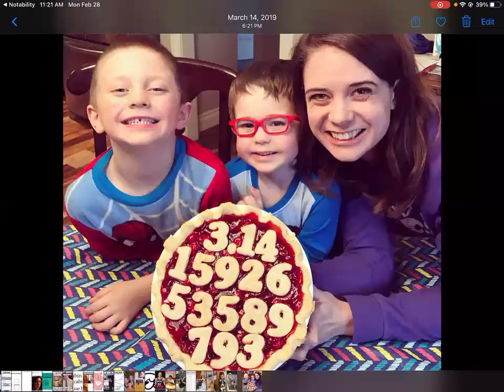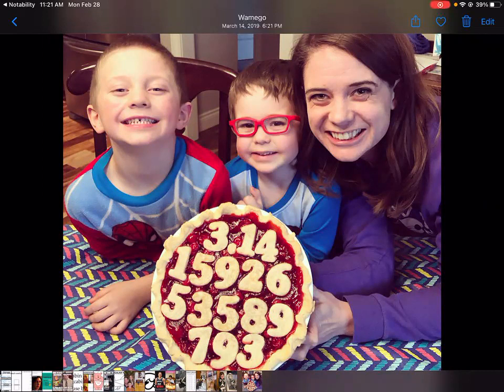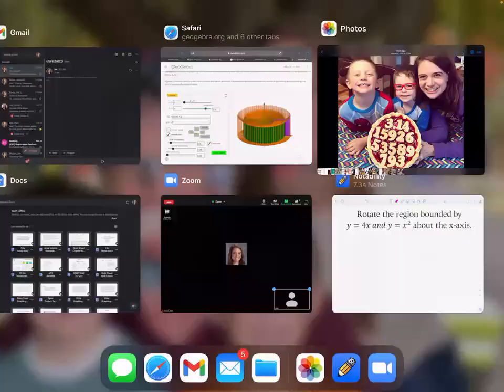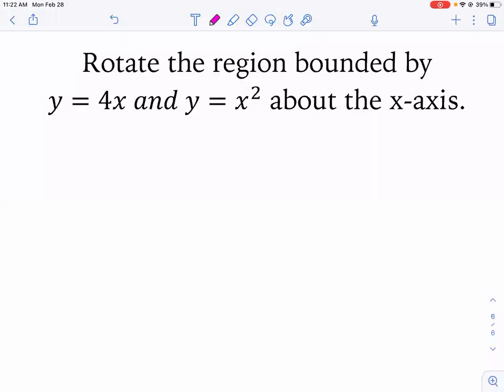Here's the pie that I made on Pi Day in 2019. It actually wasn't that bad. I have cookie cutters, letters and numbers and shapes, a big bucket of like 100.